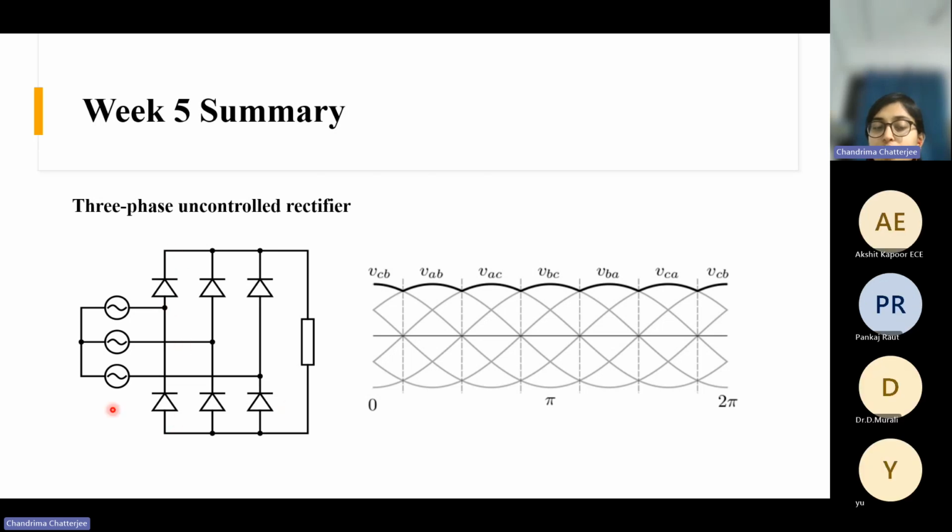And for the bottom diodes, whichever anode has the most negative voltage, that will get forward biased. So at a time, any two diagonal diodes will conduct, and you will get this kind of voltage. I will explain this more afterwards. So this is a 3-phase rectifier.